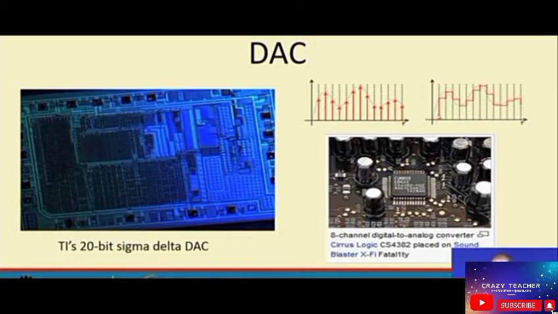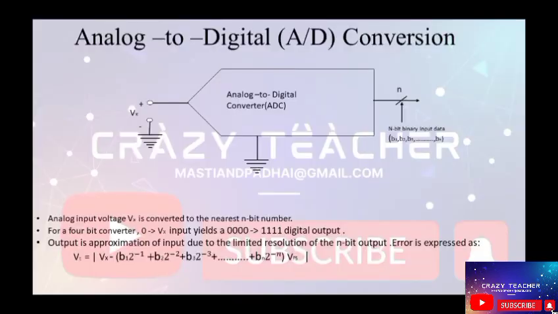Now if you are doing a digitization, this is getting approximated like this, and then these digital values that we have are converted into levels like this. So this signal that we are getting is a close approximation of what we actually want. That way we say that these digital to analog converters are doing the conversion.